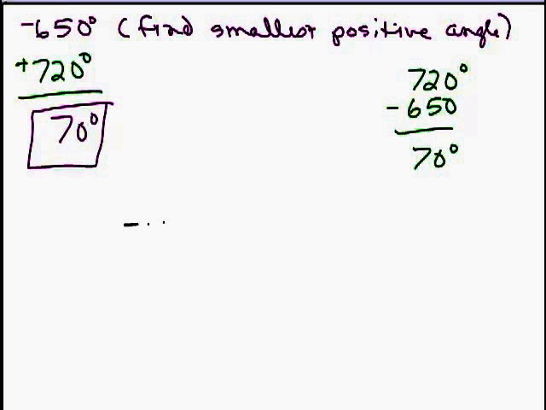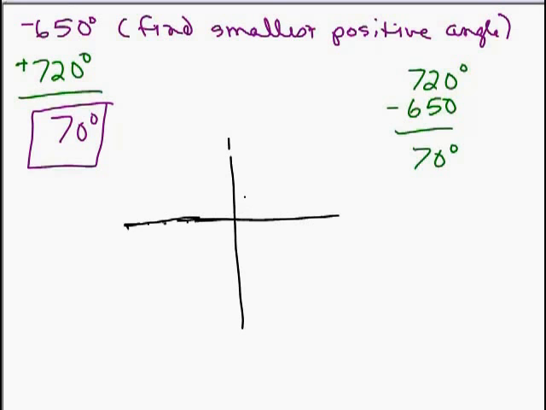Now remember what this means. If you're looking at a picture, if you drew this angle 70 degrees, I'm just going to sketch it like it's not up to 90, so it's up here, right? You'll get the same place as if you go around 360 and all the way up till you get negative 650.